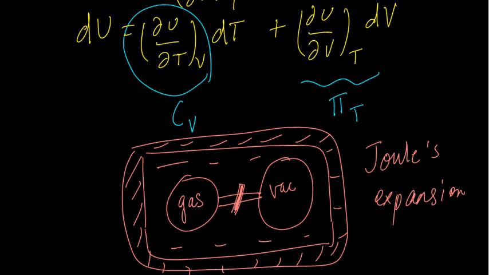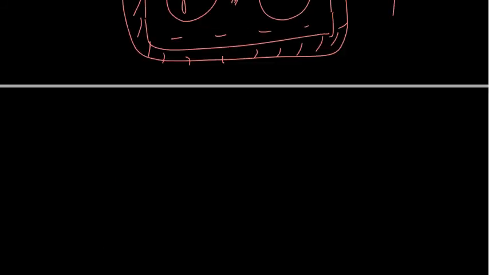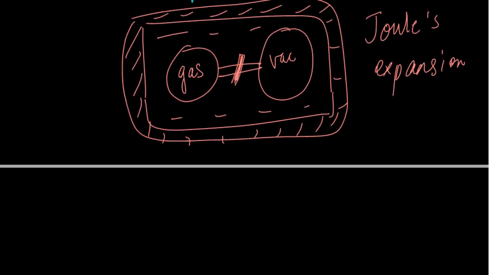So this fellow does not exchange any heat from outside. This kind of container, it's adiabatic. So if it's adiabatic, then for all we know, Q is equal to 0, right?